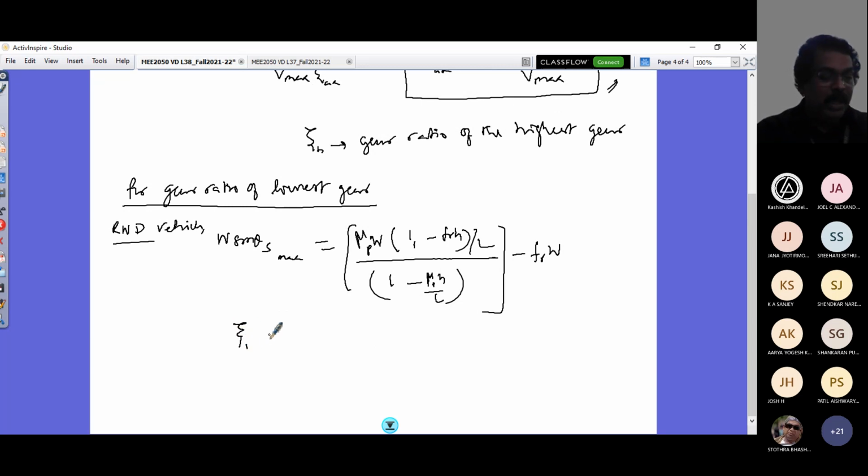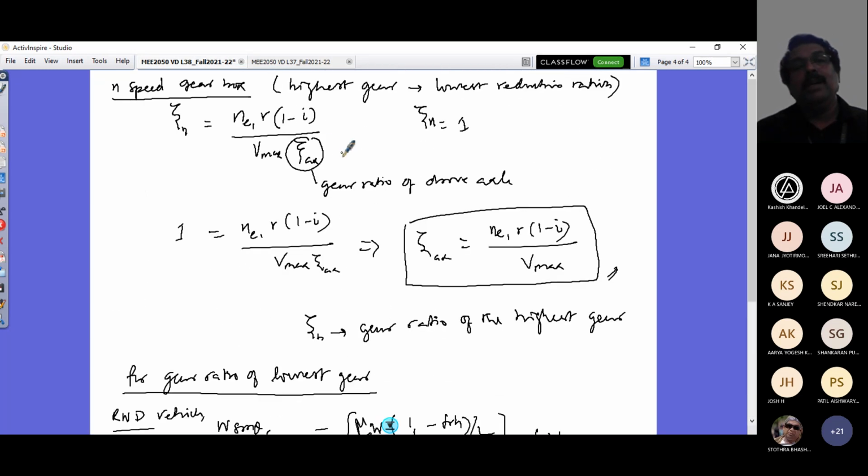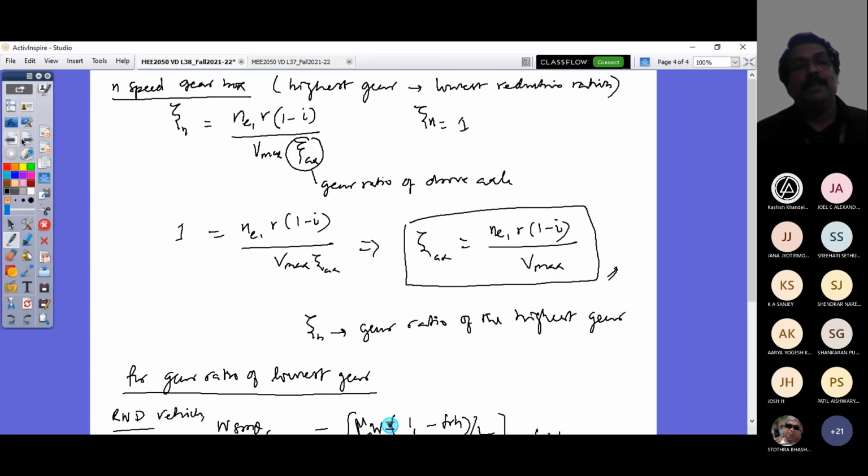That would be equal to W into sine theta S max plus FRW, all divided by what comes from the engine. So what is it that comes from the engine? We have looked at the previous expression here, this expression.